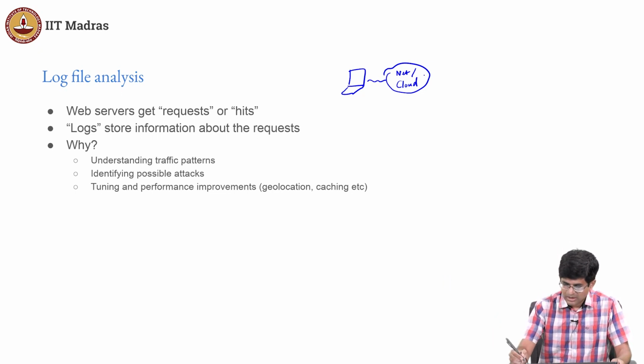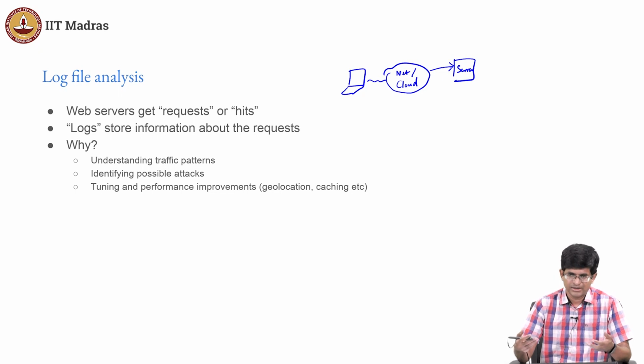Okay. But what actually happens in practice is, there's a server, right? And what the server is doing is, it's ending up getting requests from your machine, right? And in this case, normally what I would do is, I would refer to the browser that's running on your machine as the client, right? The end client is of course you as the user, right?